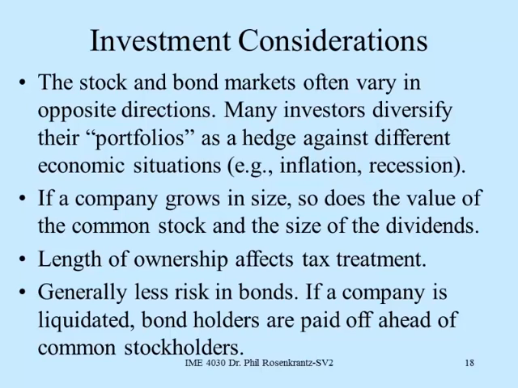The length of ownership of stocks and bonds affects tax treatment because items that are kept less than a certain period of time are taxed at ordinary income tax rates. Items that are kept beyond a certain period of time are considered capital gains and typically taxed at lower tax rates.